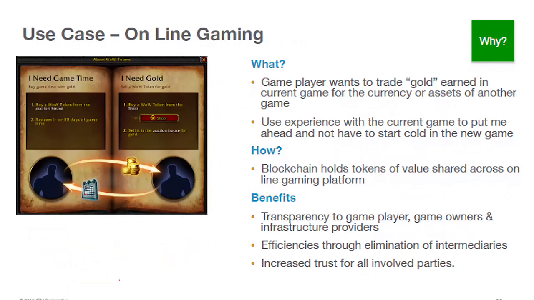Other applications of this particular technology: online gaming. For the lovers of online games, I won't take a lot of time here, but what gamers are really experiencing is that there's some kind of problem, right? For example, a game player wants to trade gold earned in the current game, with the user experience in the current game putting them ahead and not having to start afresh.